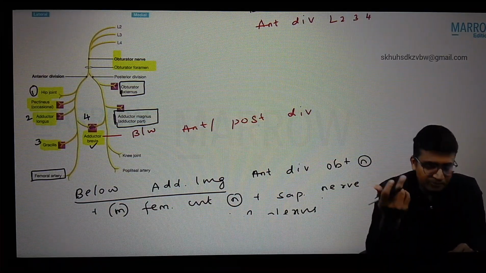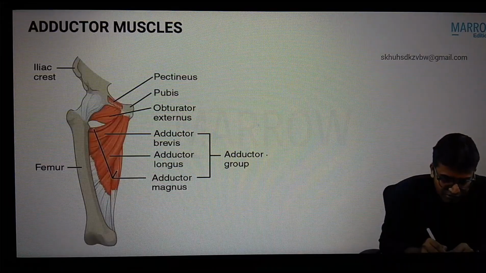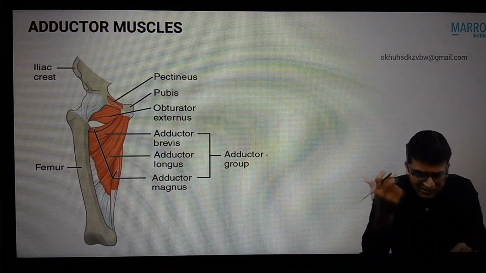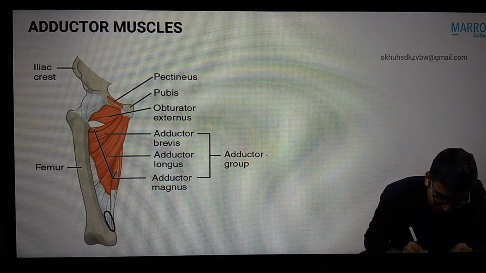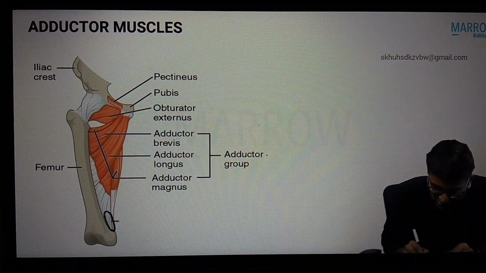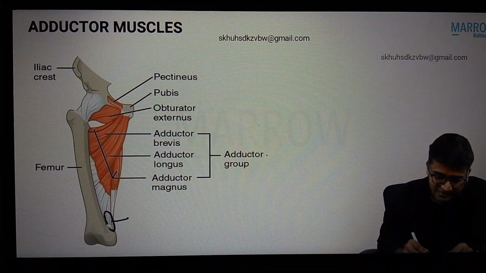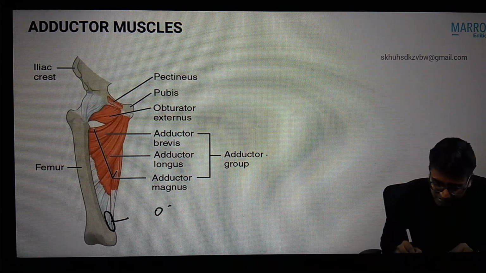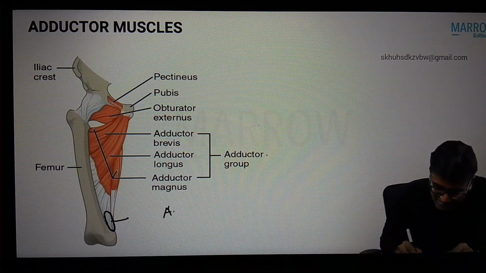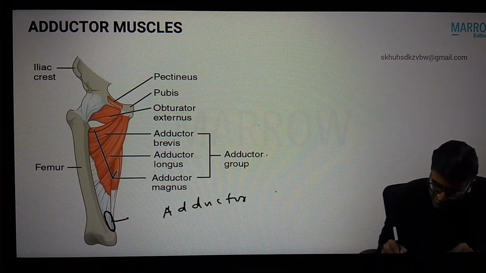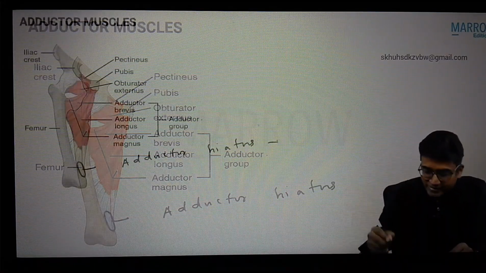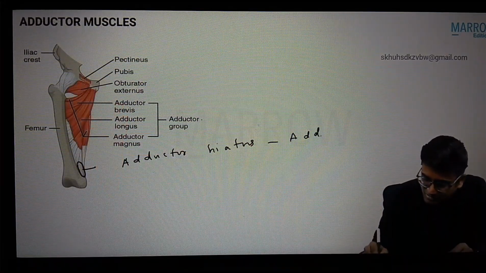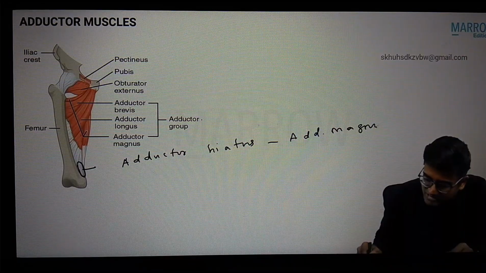Now, the important point is that the posterior division of the obturator nerve passes through one opening. I am talking about this opening. That is an opening present in the adductor magnus muscle. That is the adductor hiatus. So, the adductor hiatus is an opening present in which muscle? Adductor magnus muscle.